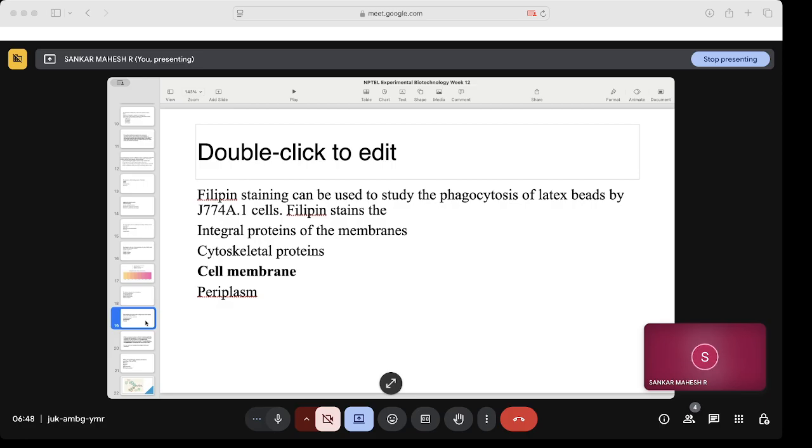The next question is: filipin staining can be used to study the phagocytosis of latex beads by J774A.1 cells. Filipin can stain the dash: integral proteins of the membranes, cytoskeletal proteins, cell membrane, periplasm.